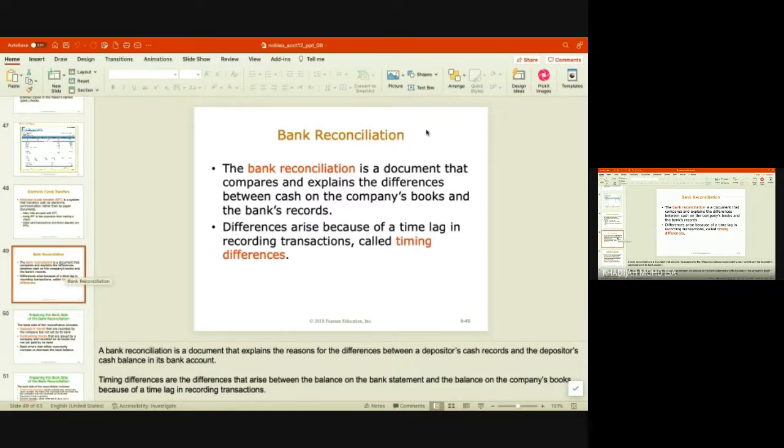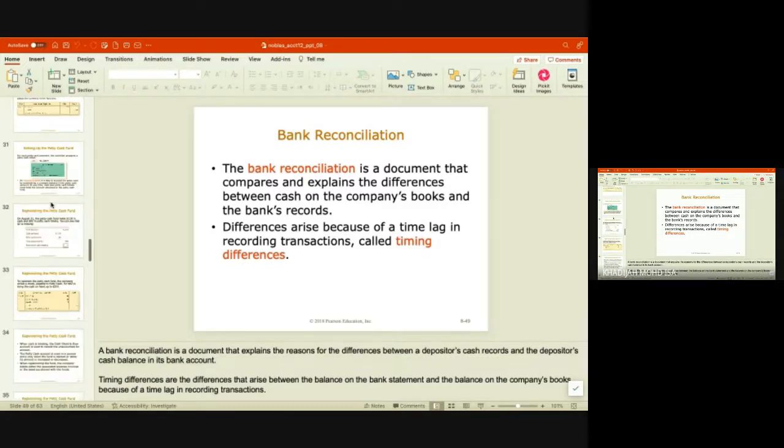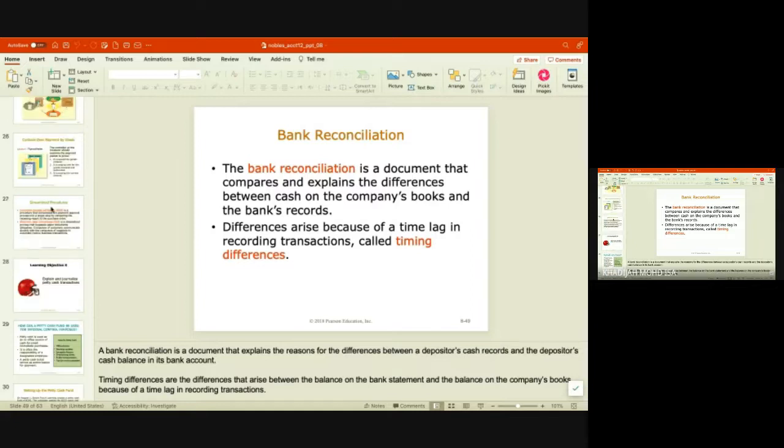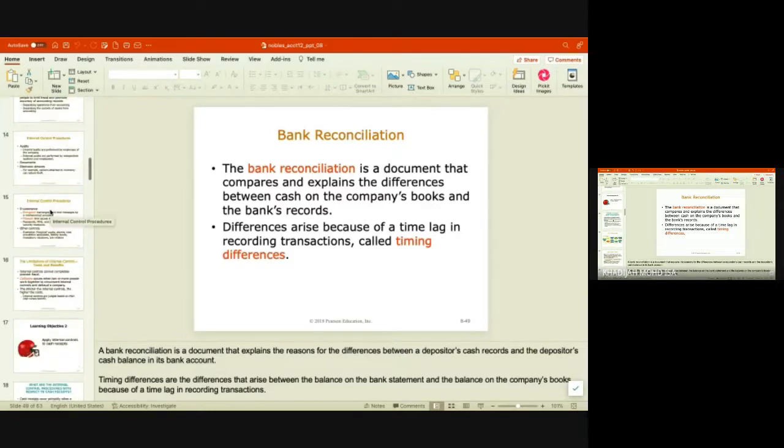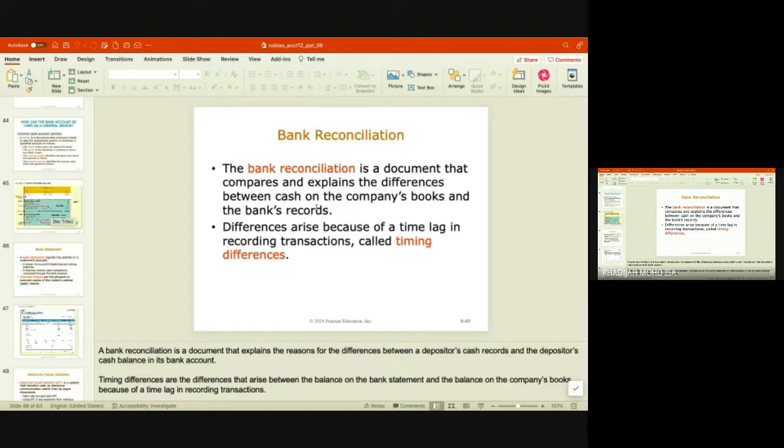But the topics before this, all this control of your financial assets, normally will be tested in objective questions or in a short essay. So you have to know about the internal control, and the bank reconciliation will be a question on its own. Is that clear for your final exam?